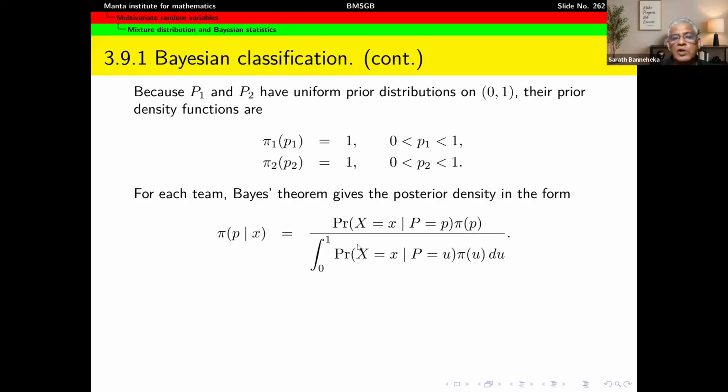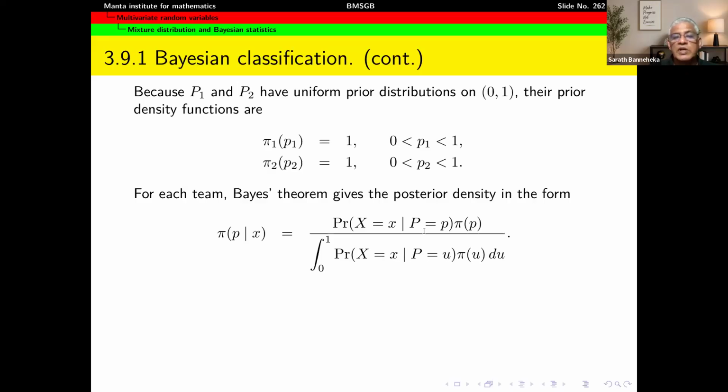So from the Bayes formula, that will be this expression: the conditional distribution of X given P times the marginal distribution of P. In this case, it's the prior distribution. And then in order to get the distribution of x, you have to integrate this thing with respect to p.